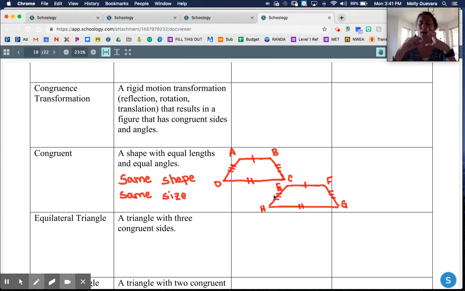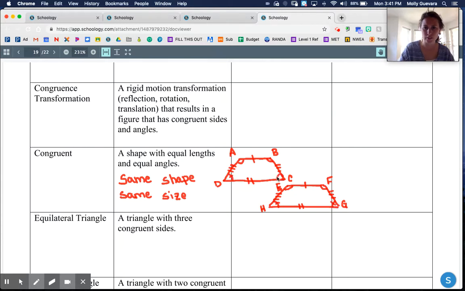Okay, so I know that the four side lengths, the corresponding sides, are congruent, meaning AB is congruent to EF, and DC is congruent to HG, and AD is congruent to BC, which is also congruent to EH and FG. So all the angle measures, all the side lengths are the same. And then these two angles are the same as these two angles, and then these two angles are the same as these two angles.